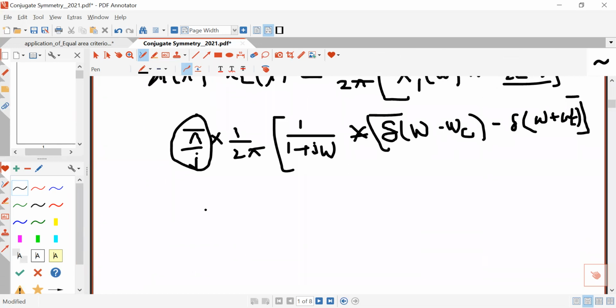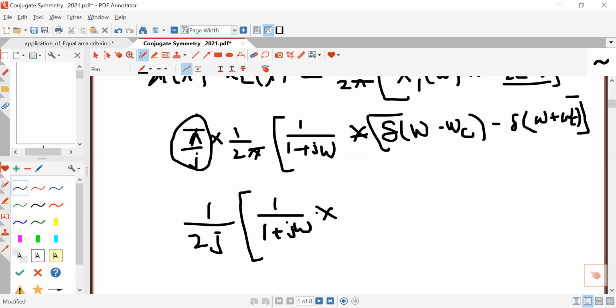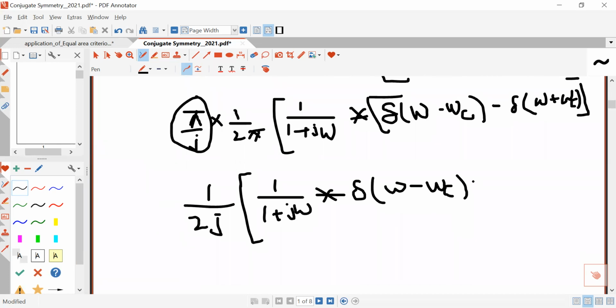Now you can separate these two terms. This pi and this pi will cancel each other, and this is 2 by j, and inside the bracket it will be 1 by 1 plus j omega convolution delta(omega minus omega_c) minus 1 by 1 plus j omega convolution delta(omega plus omega_c).